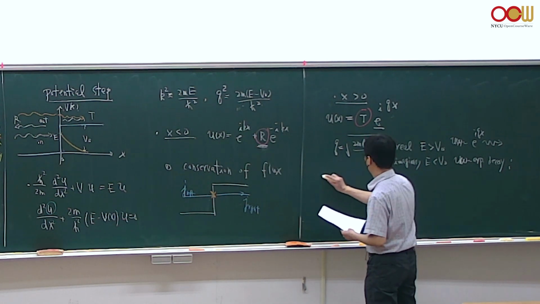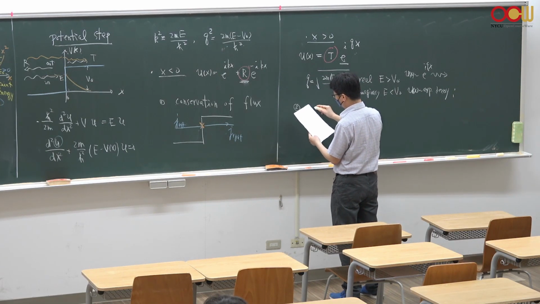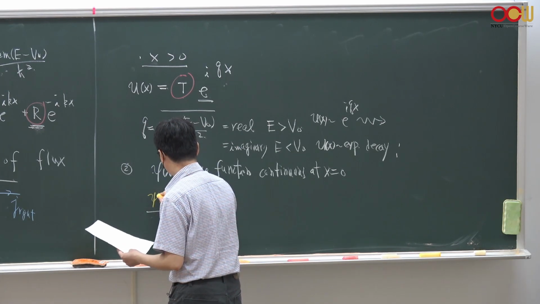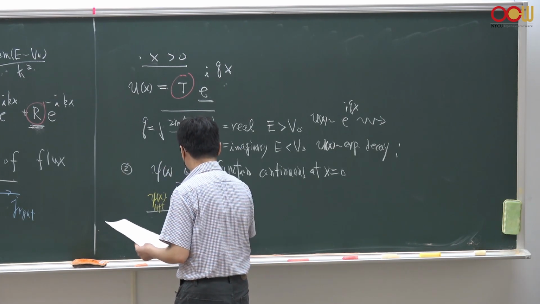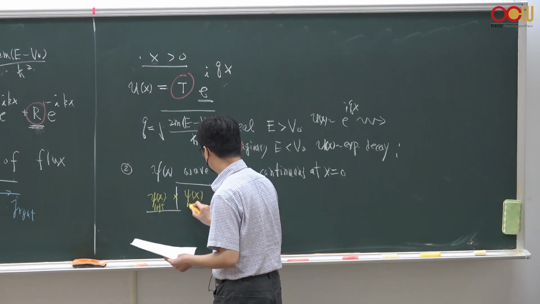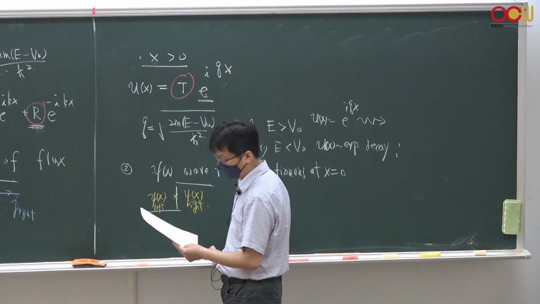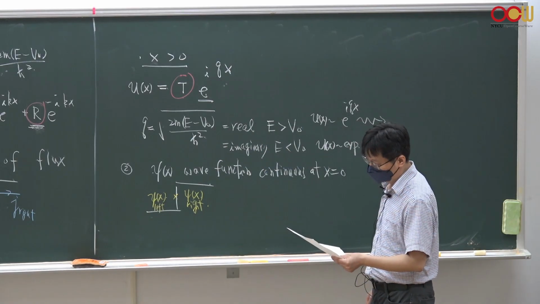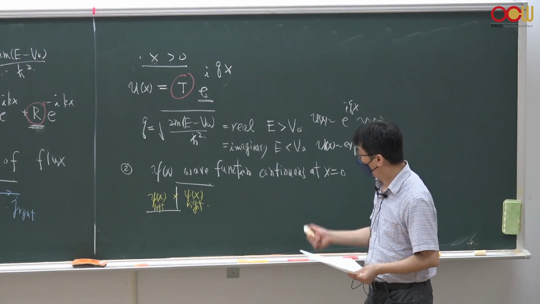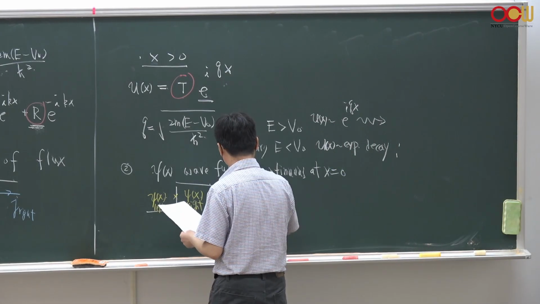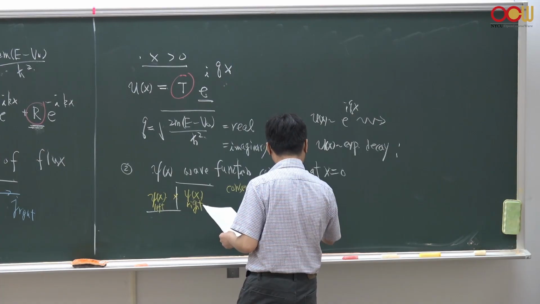And the second is that the wave function should be continuous, which means that the wave function we find on two sides of the potential must match right at the boundary. This is because of the conservation of probability.